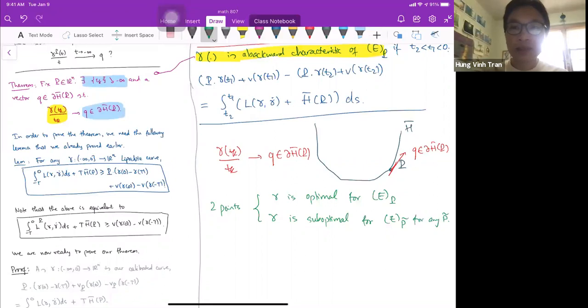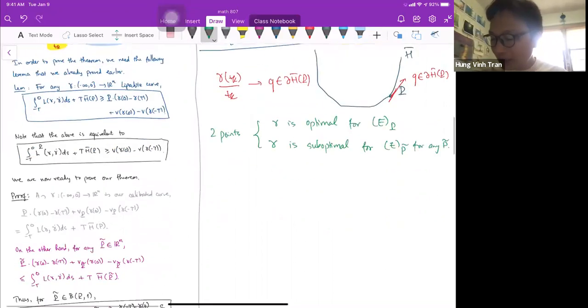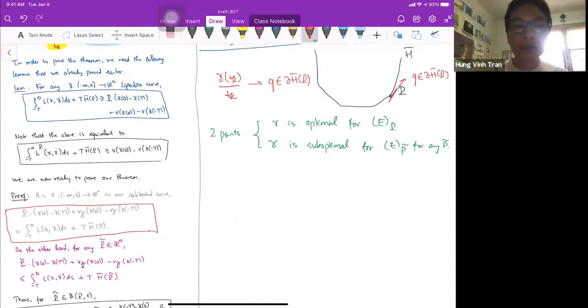Because optimality at p gives me that equality happens, that the action equals the difference in values.